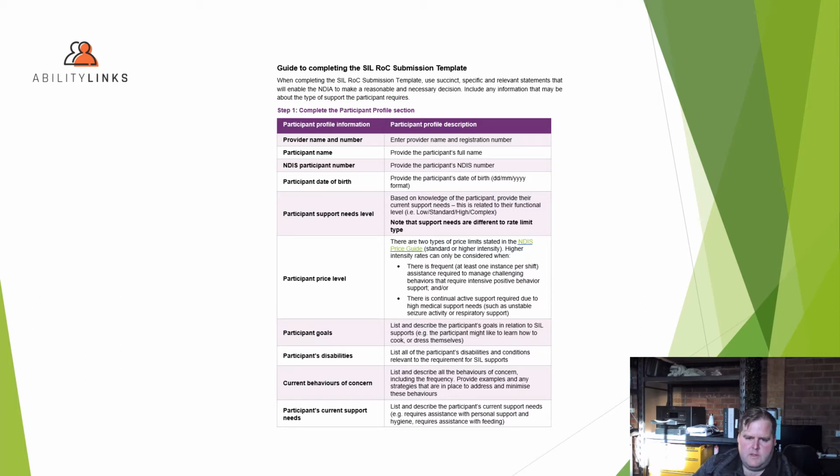So that could be due to behaviors of concern, 2 to 1 ratio, or someone that may be a little bit larger and require extra assistance to move about or to complete transfers. And when we're looking at the price limits, that should be reflective of the standard, high, or complex levels.